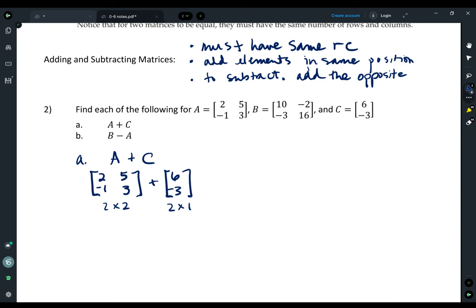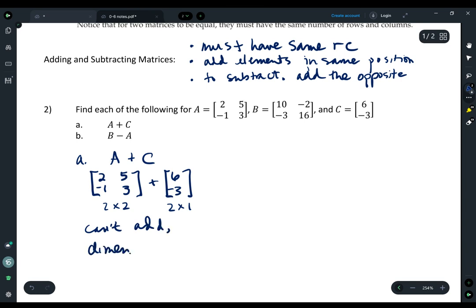So I can't add. The dimensions are not the same. We can't do this. Can't add. Dimensions are not the same. So if you want to write not possible, that would be another way you could write this. You don't have to give me a lot of information.